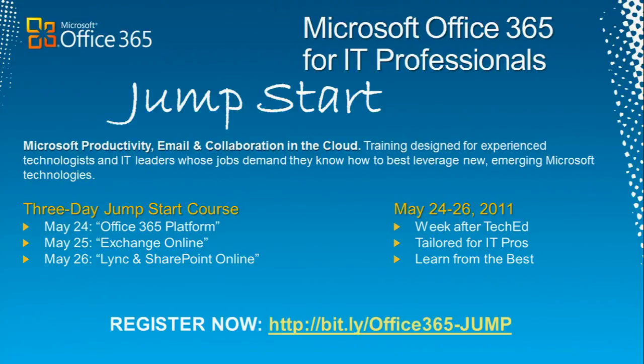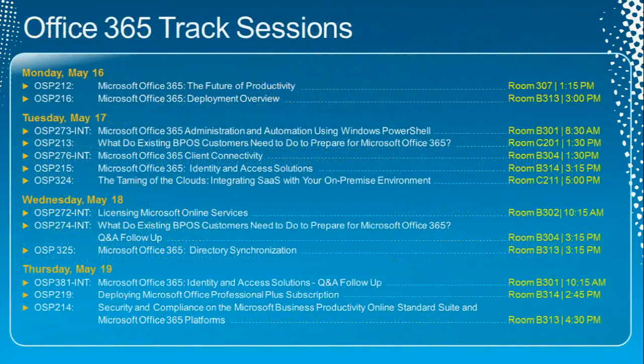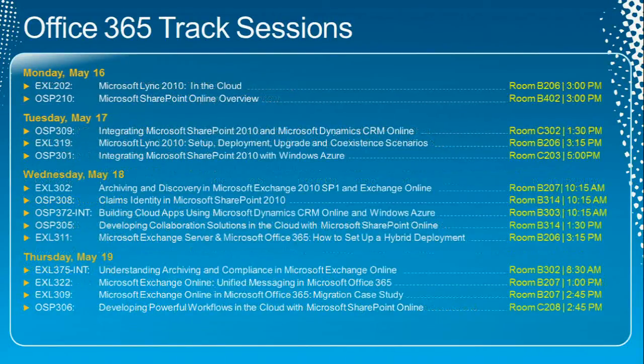We're going to make this broadly available, so you can see what the 365 platform is about, drill down on Exchange Online, Lync and SharePoint Online, and Office Pro Plus in this as well. There's only one session left on here, but you can check those out online post-event as well.